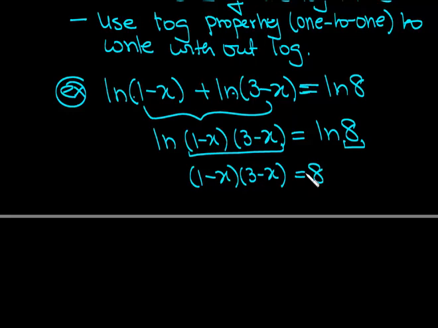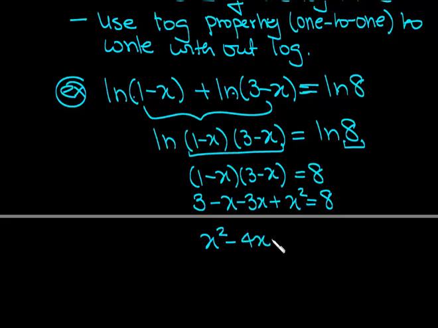So let's go ahead and solve this. I'll have to get rid of the parentheses first. So I get 3 minus x minus 3x plus x squared is equal to 8. This is a quadratic, so you want to move everything to one side. So you get x squared minus 4x minus 5 is equal to 0. I move the 8 over, so it becomes negative 8 plus 3 is negative 5, and I combine these two.